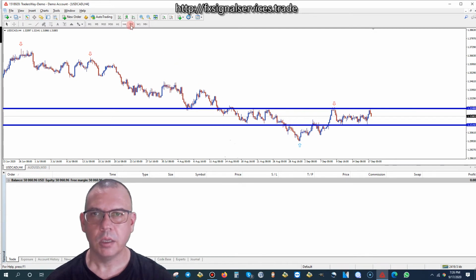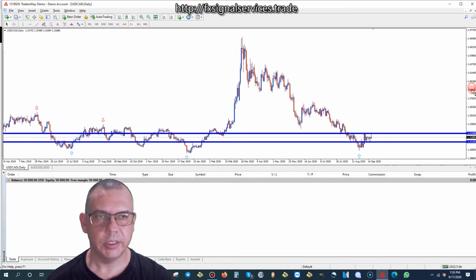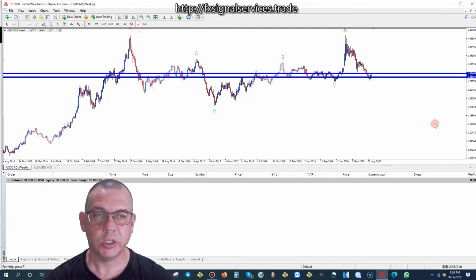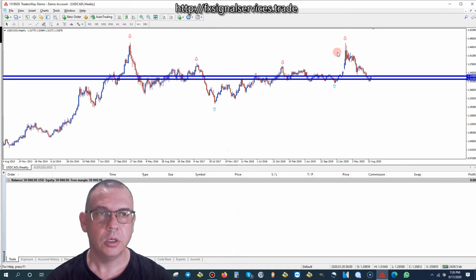If we look at the daily chart, we had a long downtrend for quite some time, for a few months. Now it hit this final bottom, and it's starting to work its way back up. And on the weekly chart, we hit the same level of support that we hit before.